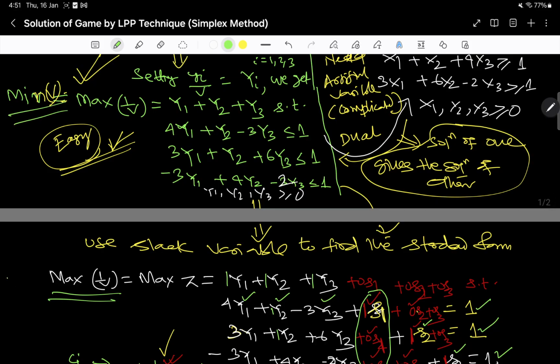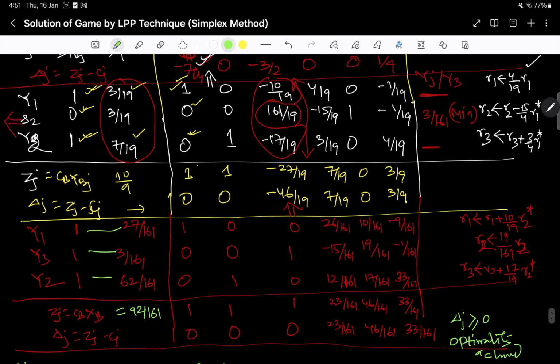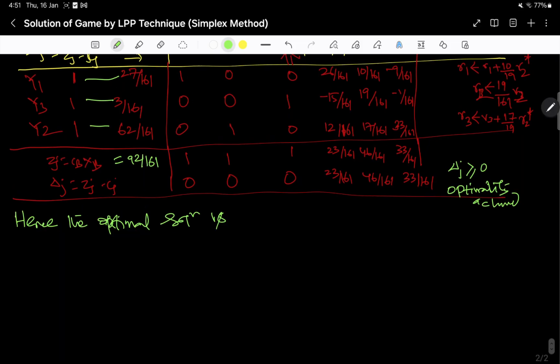Minimize V, so maxima is 1 by V is 92 by 161. So this is your 4 by 7. So what is your V? V is your 7 by 4. Okay. So this is your V as you need.